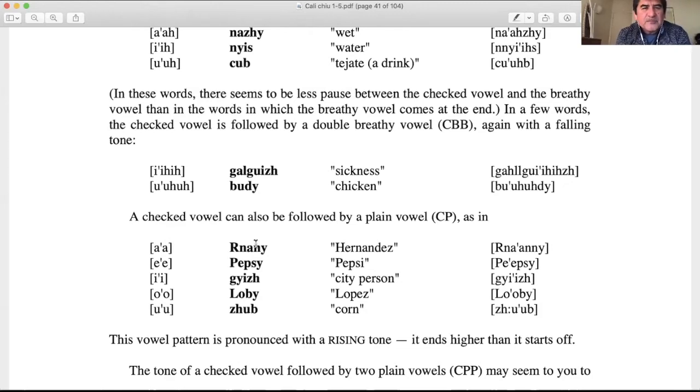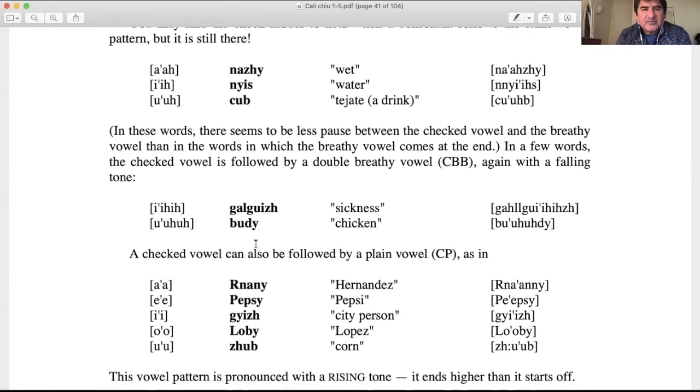I'm going to say them, and you do the best you can to emulate what I'm saying. So for sickness, we say galgish. One more time, galgish. Now it is your time, and I'll give you a few seconds before I say the other word.